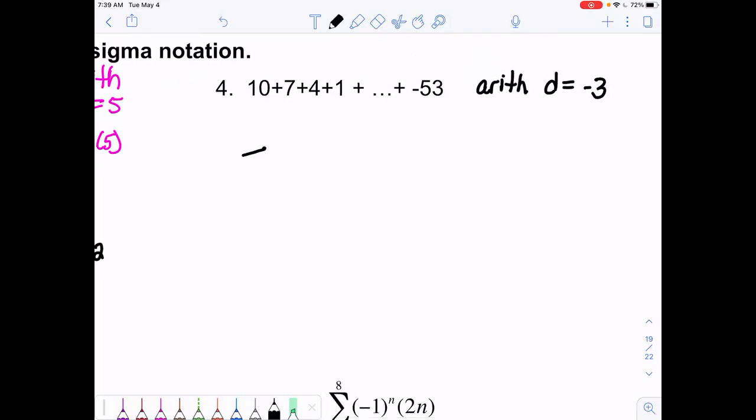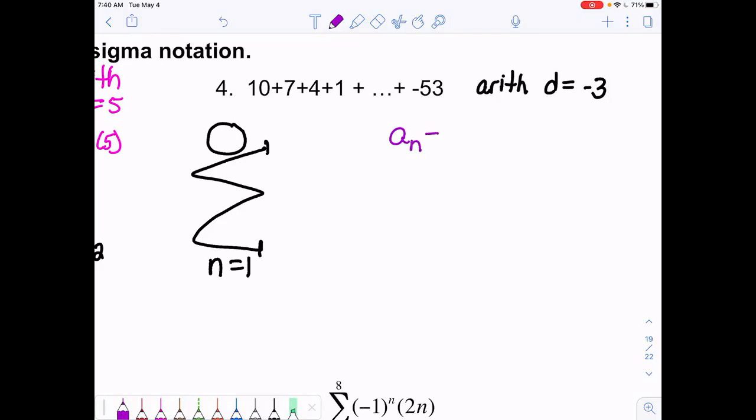So this one says write it in sigma notation. So we're going to have that sigma. We're going to find the number of terms on the top, and we're going to write the formula next to it. So let's start by getting that formula to write next to it, and then we can find the number of terms using the formula.